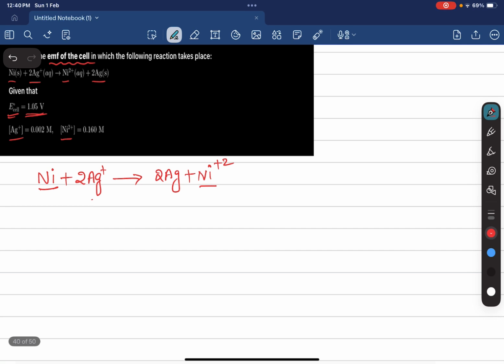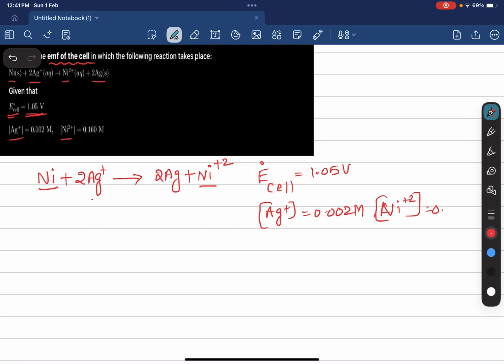In this, E0 cell is 1.05 volt, and the Ag+ concentration is 0.002 M, and in the same way the Ni2+ concentration is given as 0.160 M. Since it is not at 1 M concentration, we need to use the Nernst equation.